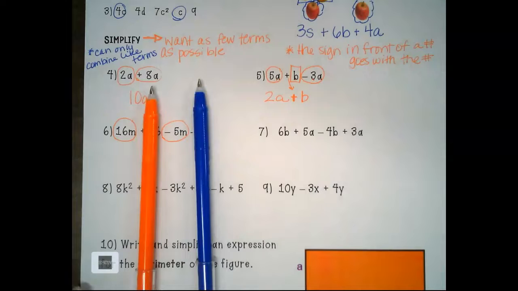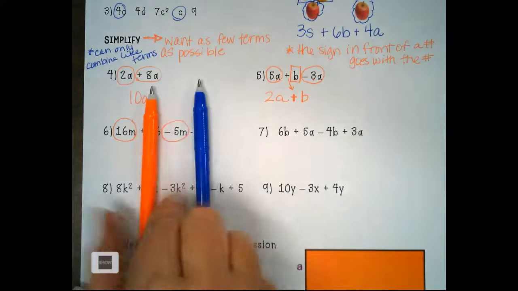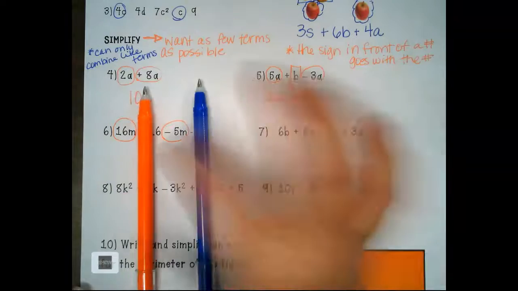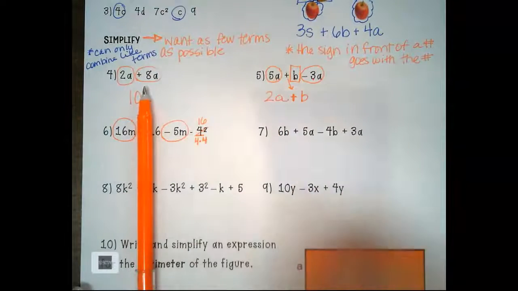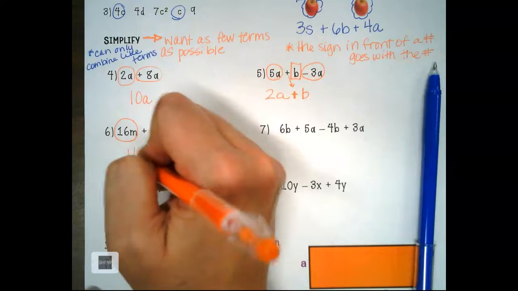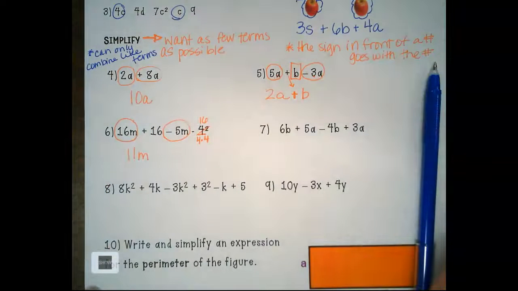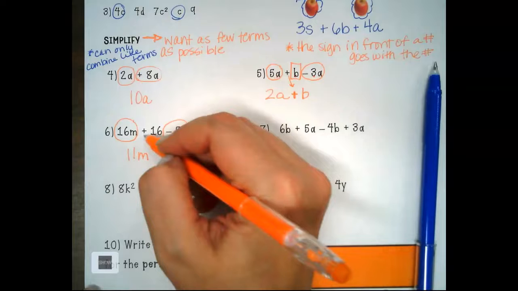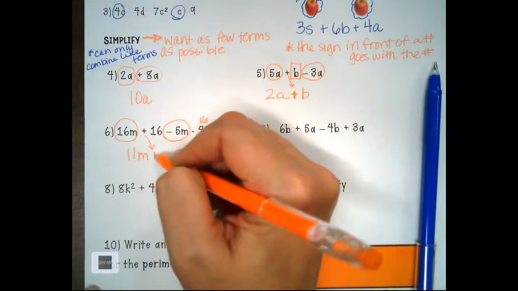There's my math problem. I have 16 mangoes minus 5 mangoes. Mental math lets us know it's 11 mangoes. And now I'm going to look at my next term. I'm going to bring down this plus because that's what's next.